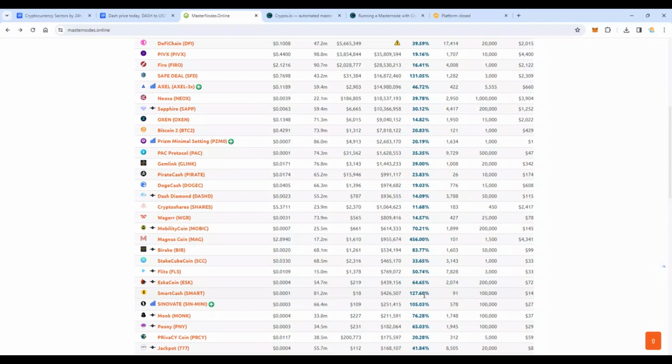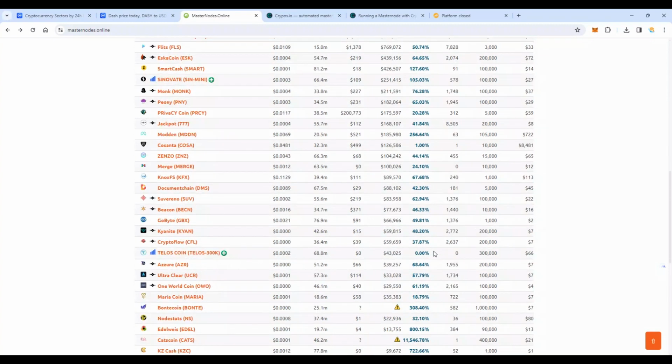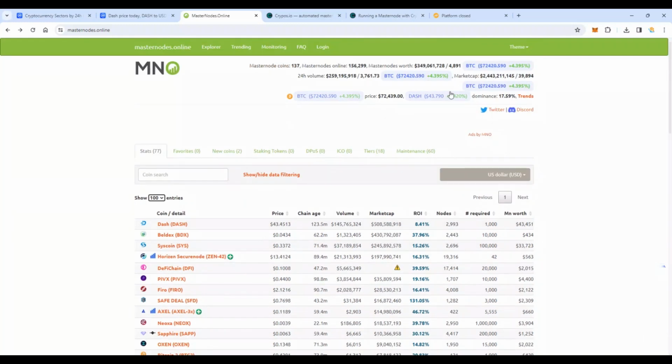Yeah, but if you look at how much the volume is, it's only $18, meaning you might earn 127%, but at the end of the day, you don't have anywhere to sell the rewards, okay? You don't have anywhere to sell the rewards. So you need to be very, very keen. Now, there's more information that you can find on a node before you actually decide to participate in it.